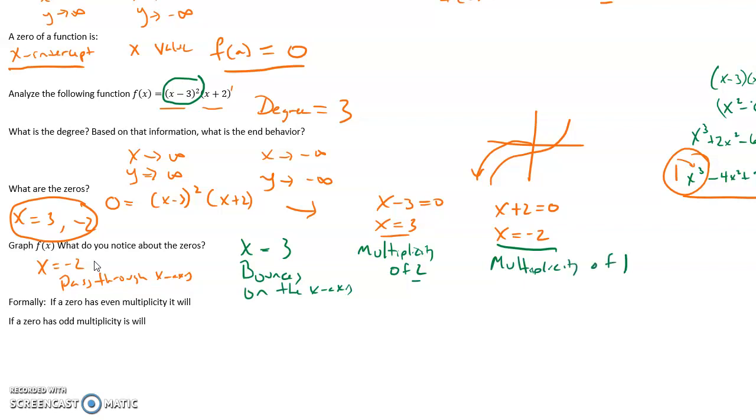So formally, if a zero has an even multiplicity, meaning there are an even number of those zeros, it will bounce at the x-axis. So if it's something like here and it's an even multiplicity, it's going to come down and bounce. That's true for both even and odd functions. Let me give you an example of that.